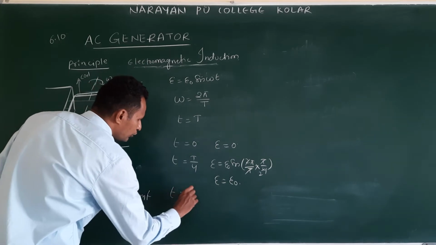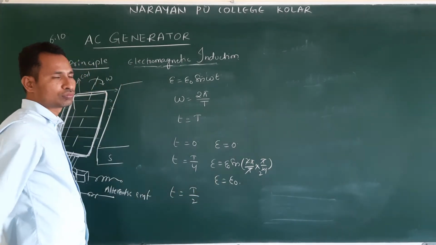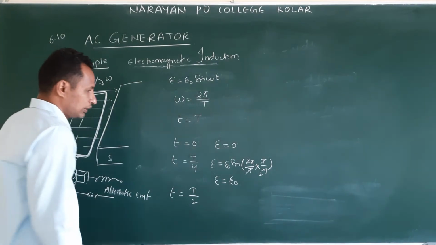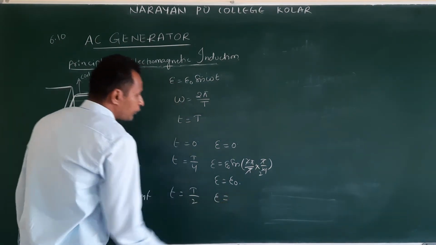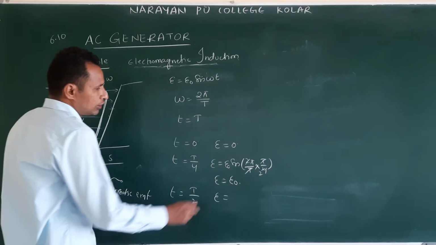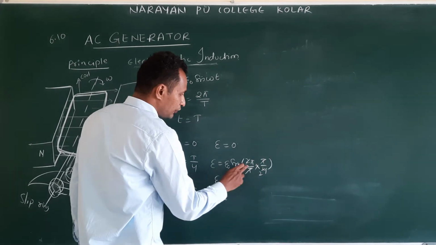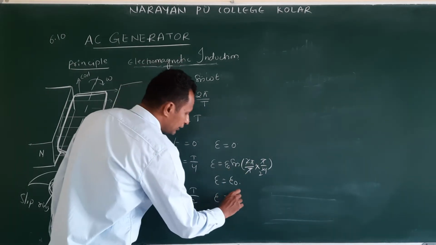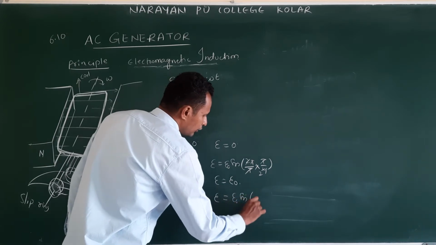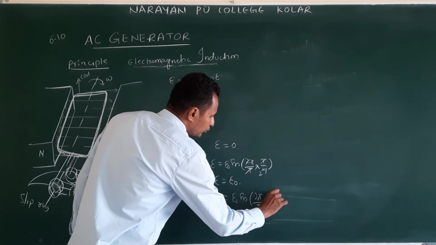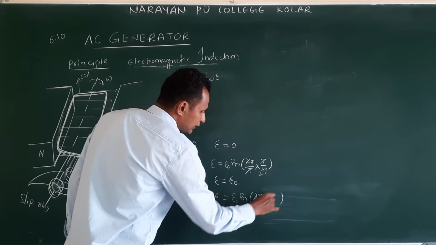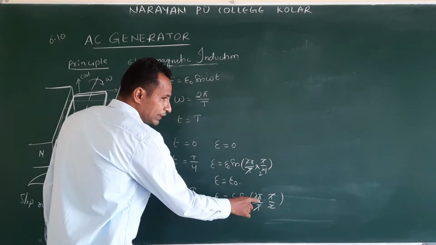When t is equal to T by 2, half second over, in that case E is E naught sin 2 pi by T into T by 2. Again T cancels, 2 cancels, we have sin pi, sin 180, which is 0.